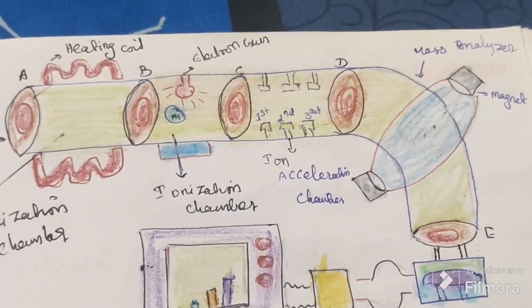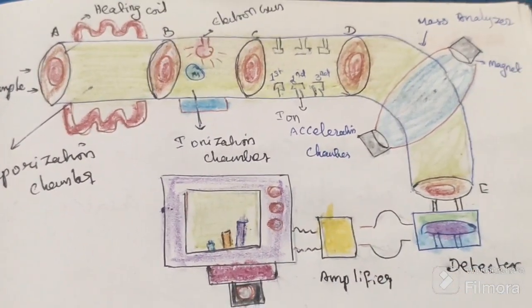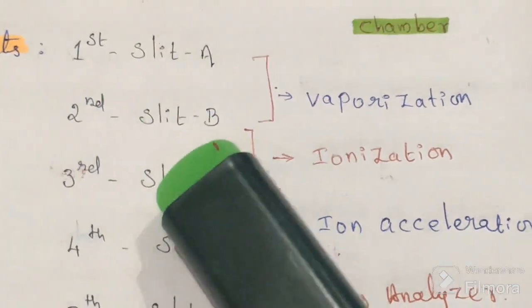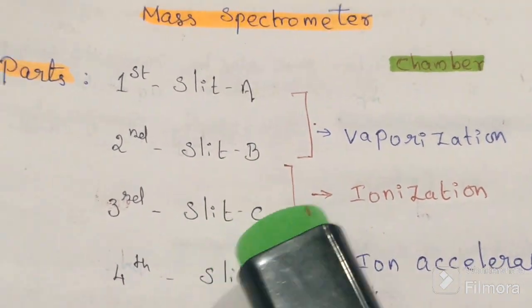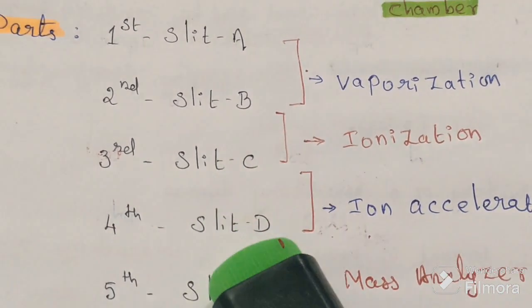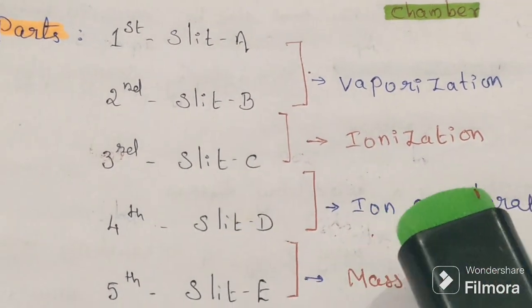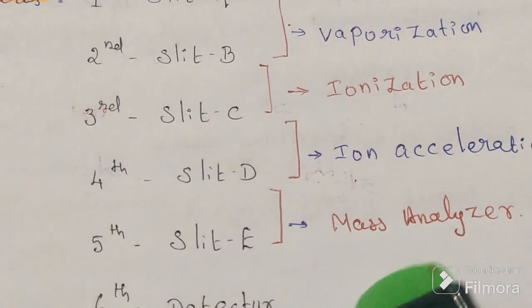Now coming to the working of the mass spectrometer. Between slit A and B the vaporization chamber is presented, between B and C the ionization chamber, between C and D the ion acceleration chamber, and between D and E the mass analyzer.